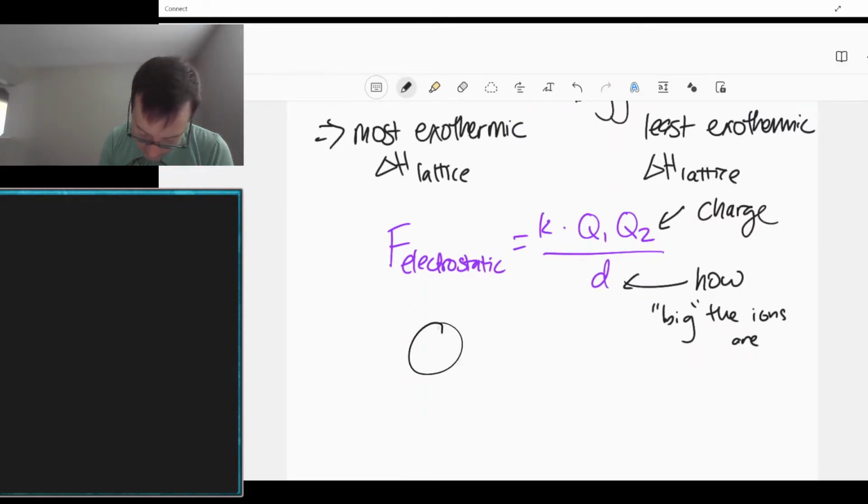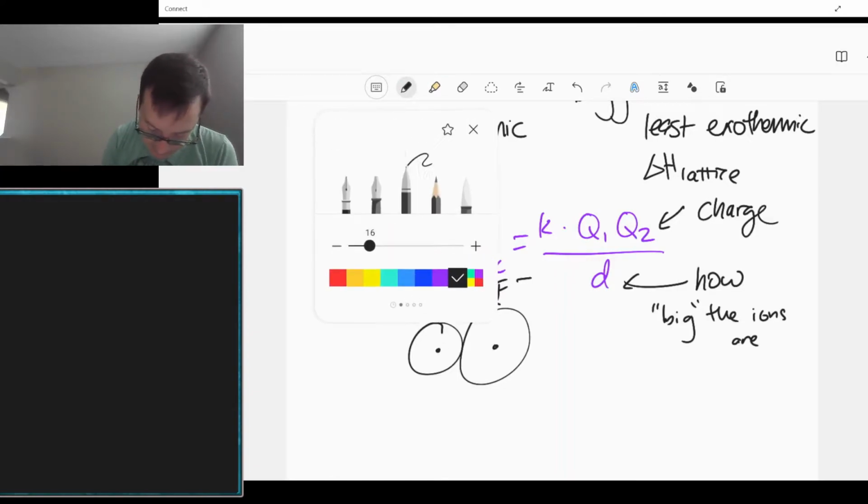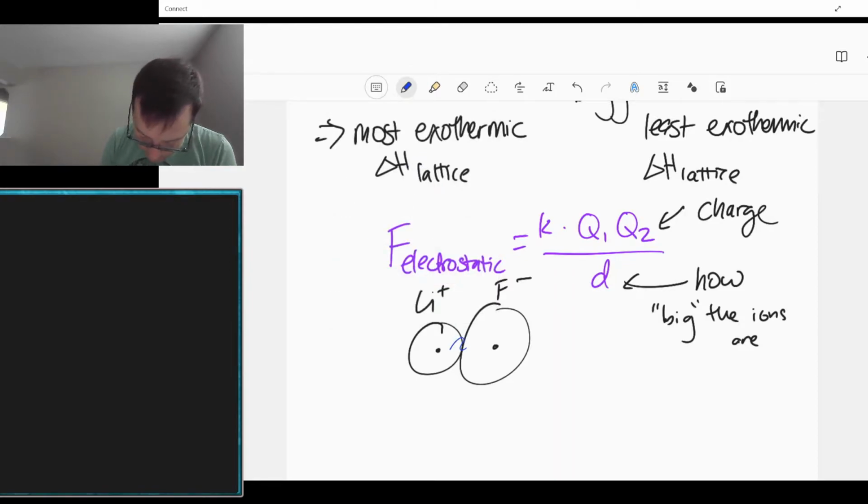So here D represents that value. D is the added radius of both ions put together.